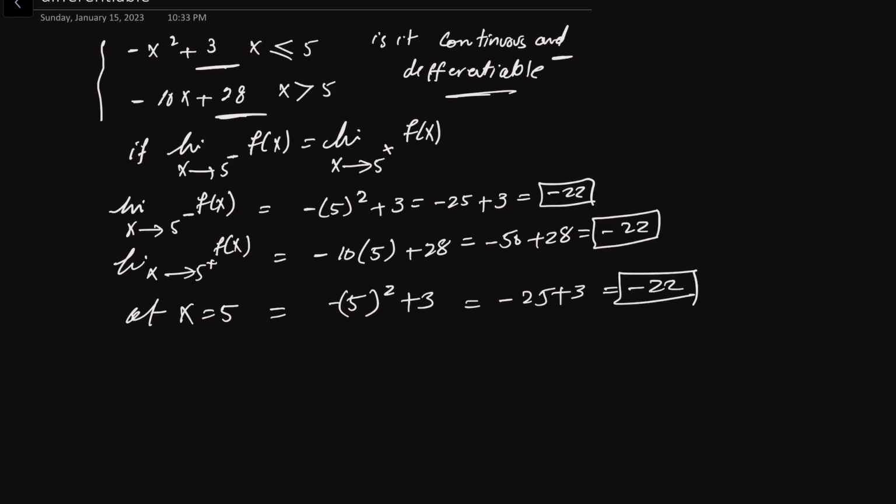Now we know that the limit as x approaches 5 from the left is equal to the limit as x approaches 5 from the right, which is equal to the value at x equals 5, which is minus 22.